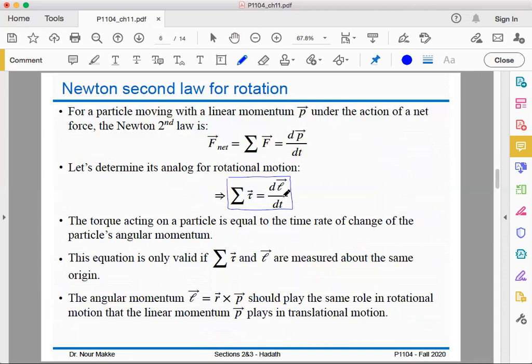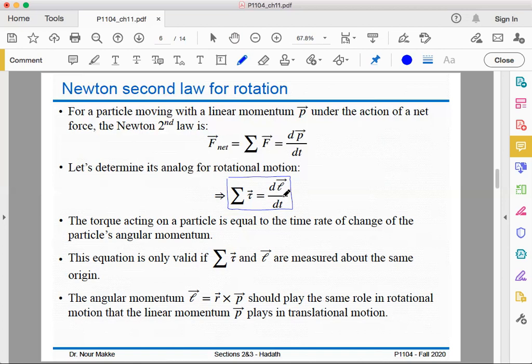So in other words, the torque acting on a given particle is equal to the time rate of change of the particle's angular momentum. And be careful that this equation is only valid if sum of tau and the angular momentum are both measured about the same origin.